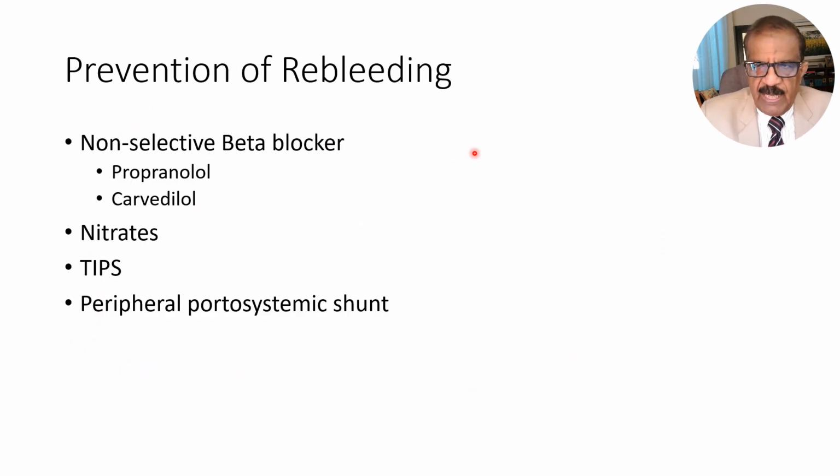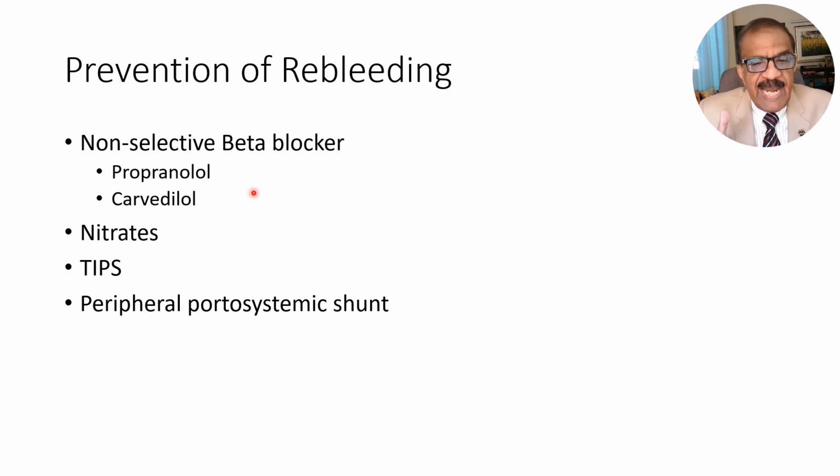Prevention of rebleeding. Once you have controlled bleeding in the emergency setting, then you need to give medication to prevent recurrent bleeding. Non-selective beta blockers like propranolol or carvedilol. Carvedilol has got an additional alpha effect, but its beta effect is non-selective. Why do we want non-selective?